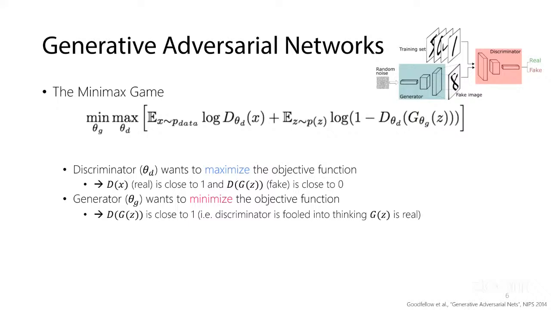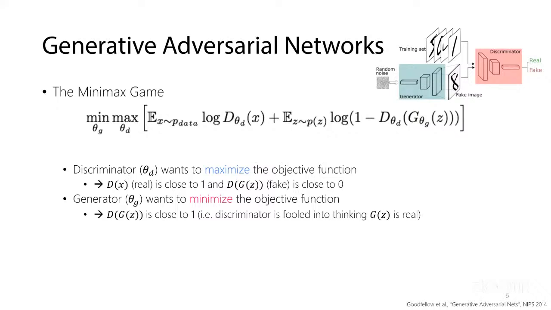And from that random number Z here, the capital G is the generator, and the generator will try to generate an image from a given random seed Z. That generated image will then be fed into the discriminator, which will then try to spit out either 1 or 0, the probability of being real.